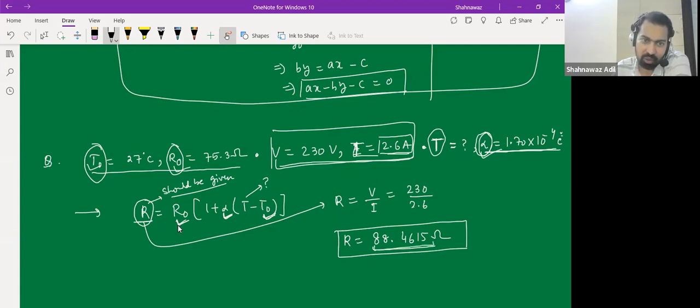And now we know R naught, alpha, and T naught. So please calculate, put in all the values, and tell me what T is. Quickly calculate. Let us keep this to 3 decimal places. Are you guys calculating?